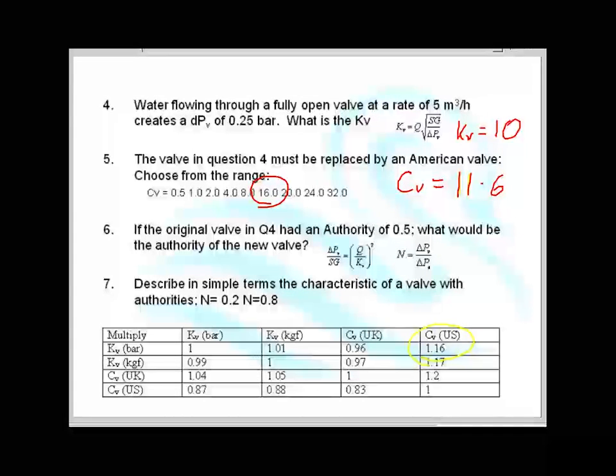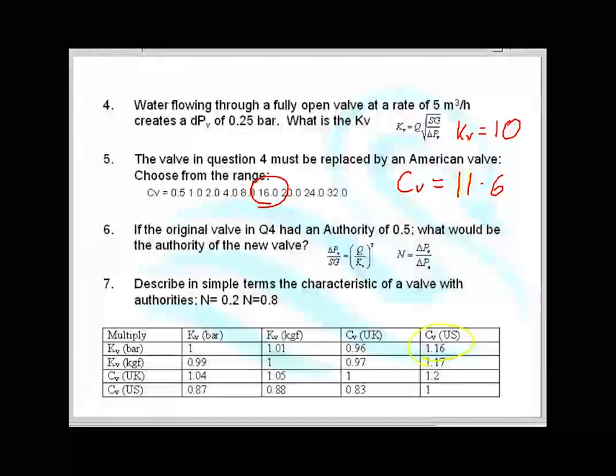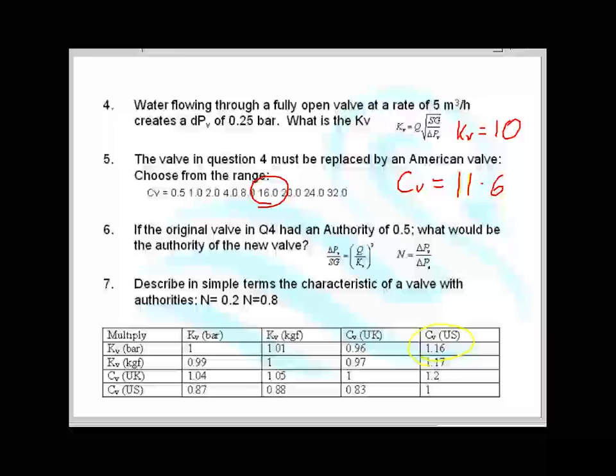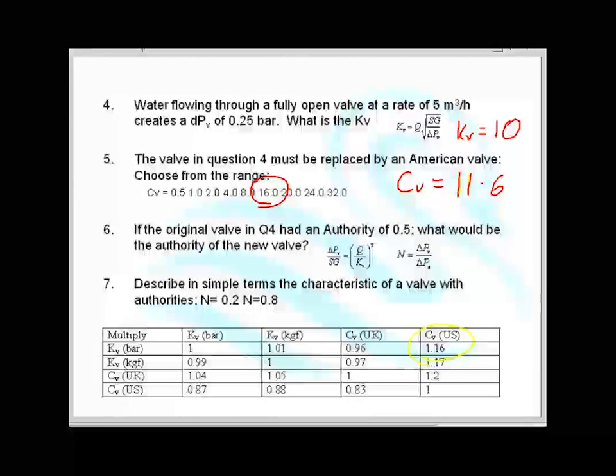Now, did it make any difference whether we worked in kV or whether we worked in CV? Which valve were we going to buy? The fact of the matter is, there are huge jumps between valve sizes.